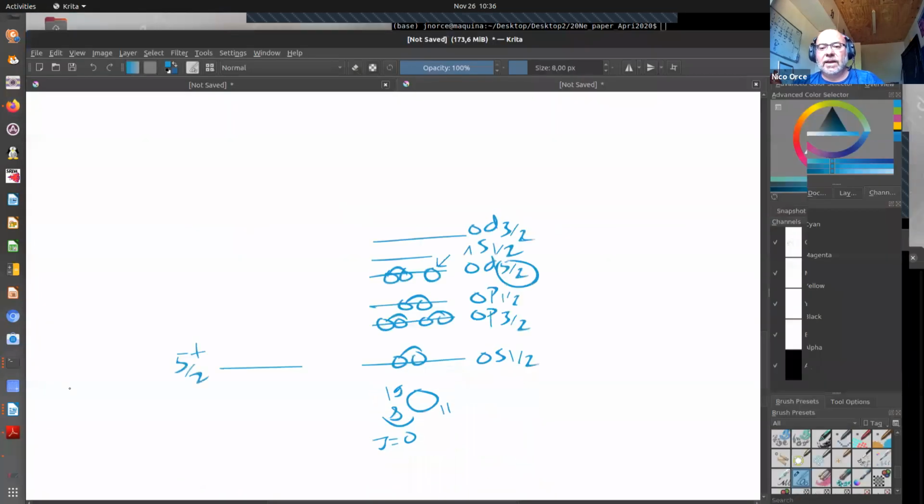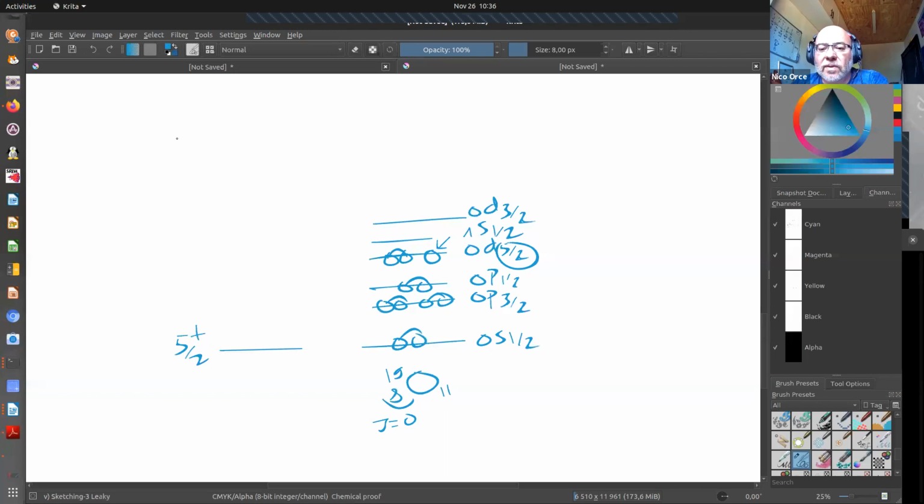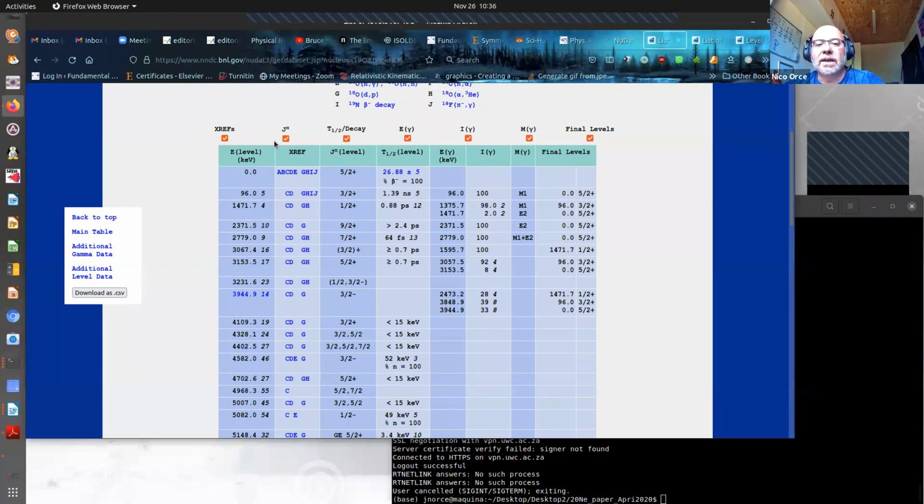So it seems like the particle may go from here to here, then here to here, which will be easier, it will be less energy to come here than to come here. But there may be other combinations happening and making the 0d 3/2 a much easier solution.